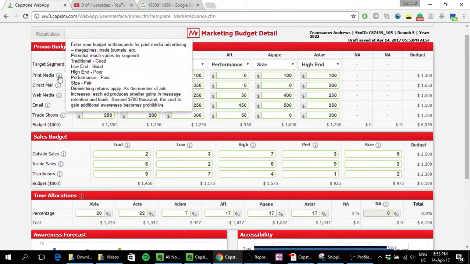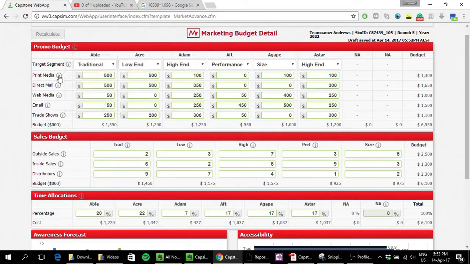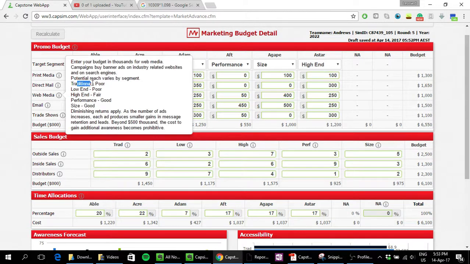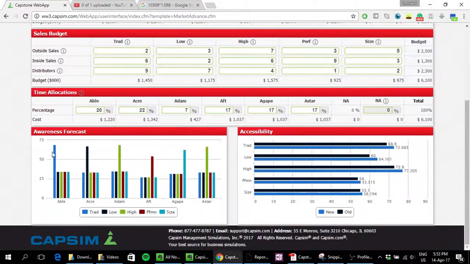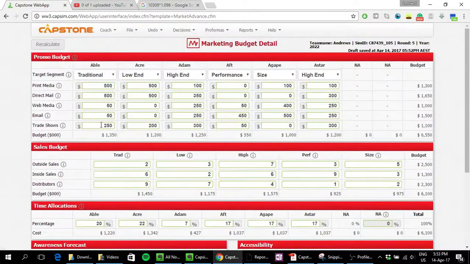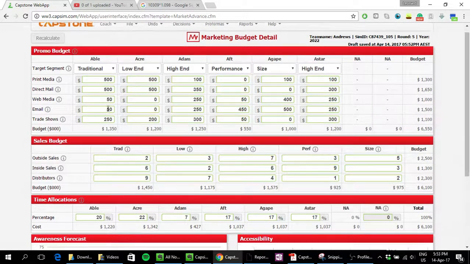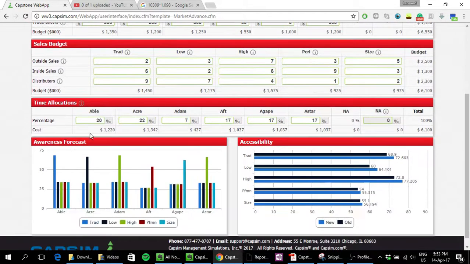For instance, for traditional, print media works really well, but web media and email have really poor performance on traditional. How you go about it is trial and error, and these are the figures I came up with, the ratio which is tried and tested.